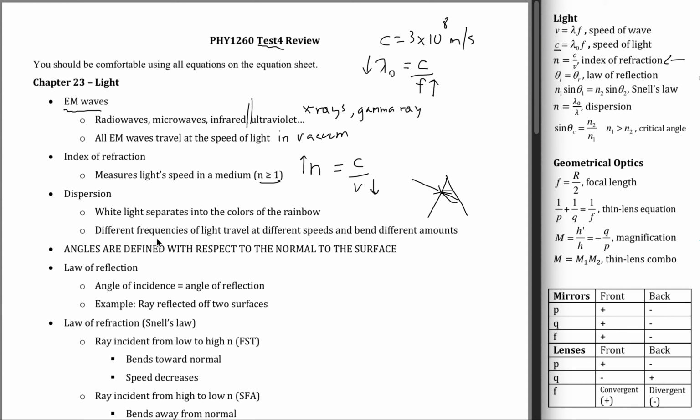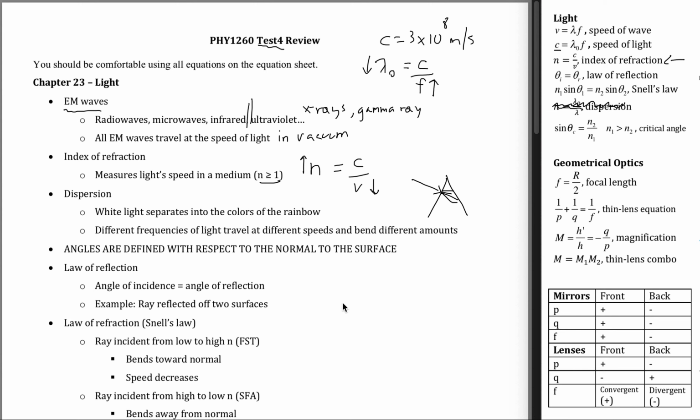So it's as though each different frequency of light has a different index of refraction in that medium, and that's why it bends different amounts. That's a way that you can think about it. But all we are concerned about is the main effect here, that the reason that the light is splitting up into all these different colors is because the different frequencies travel at different speeds. So we actually didn't cover this equation here, so we don't even have to worry about this equation.